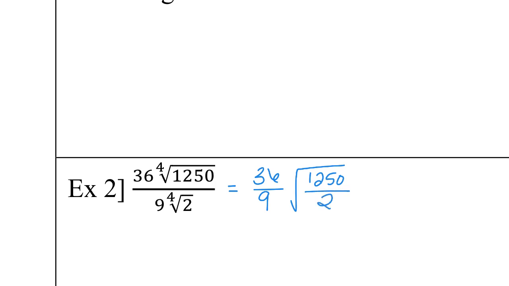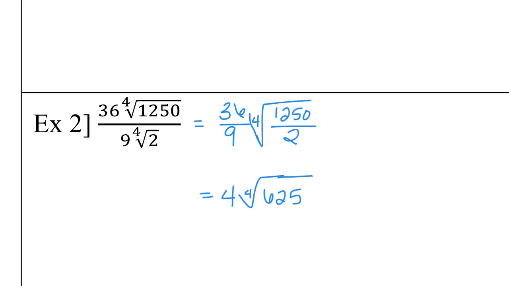So 1,250, that's the fourth root. 1,250 divided by 2 is equal to 625. So we have 4 times the fourth root of 625. And again, 625 is much easier to simplify than 1,250.